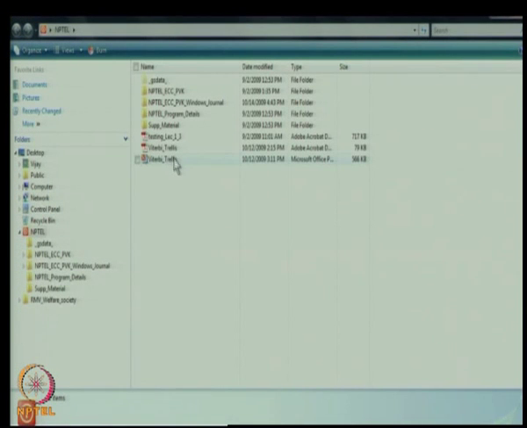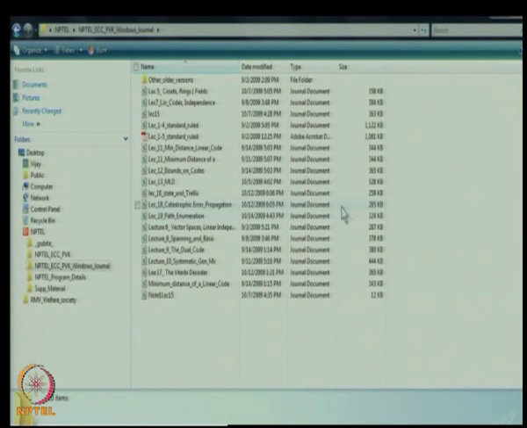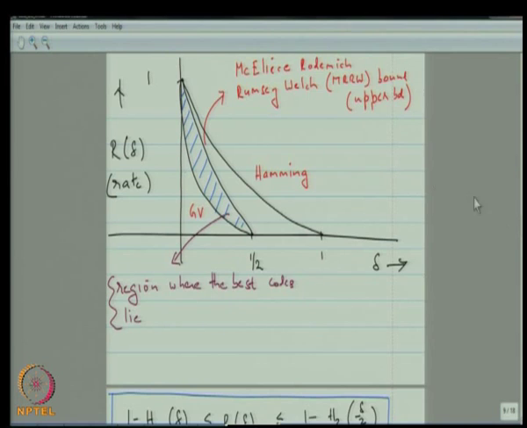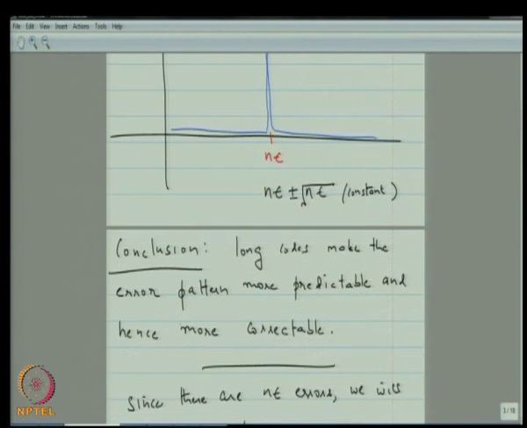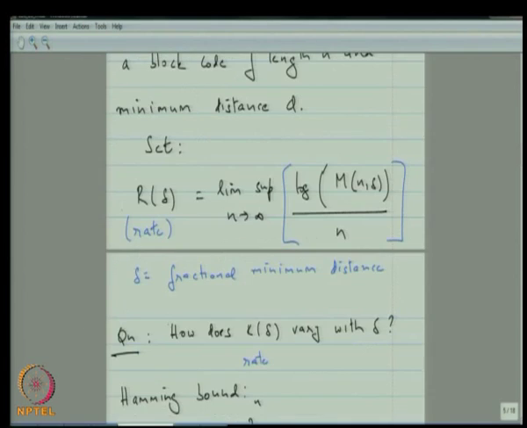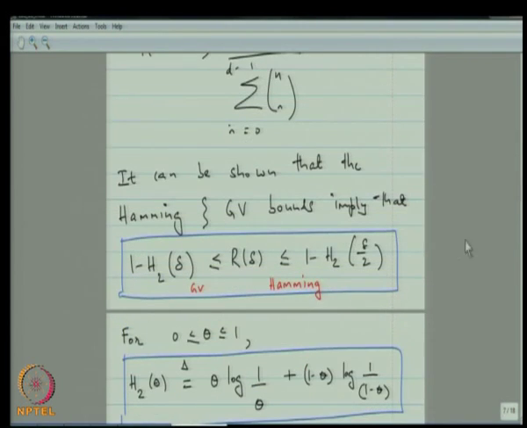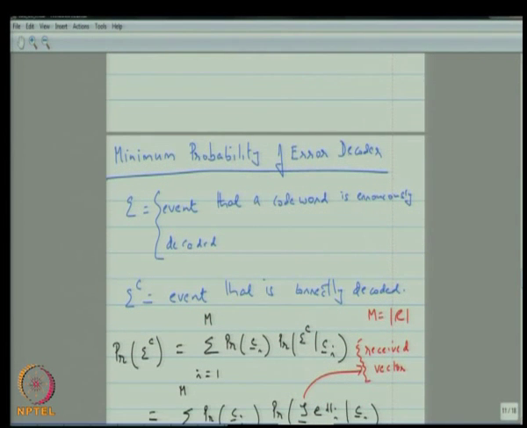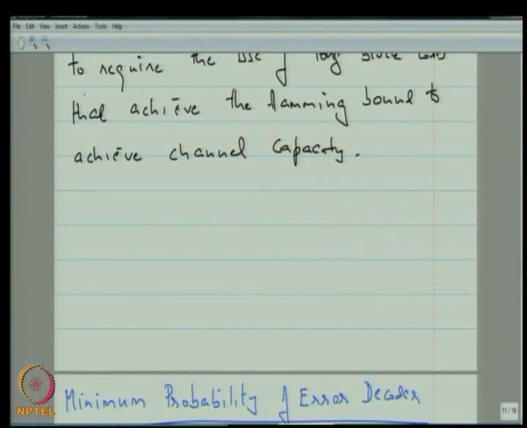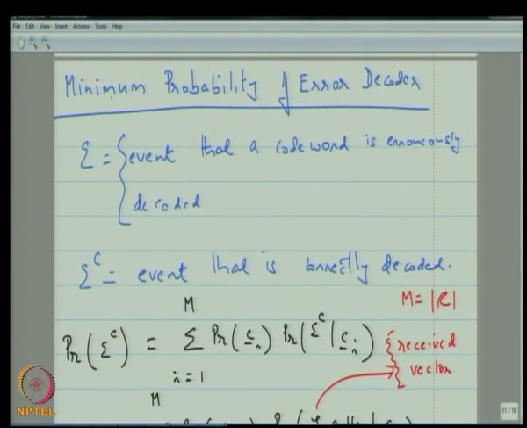Okay, so let me see if I can quickly pull that up from our earlier lectures. Okay. So, around here we were discussing the minimum probability of error decoder.